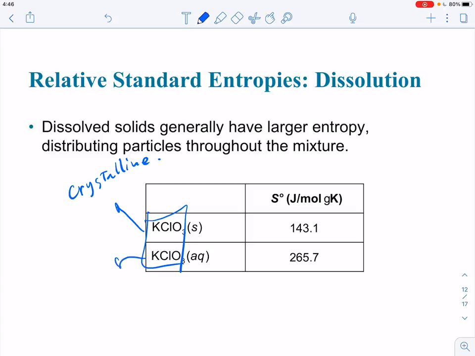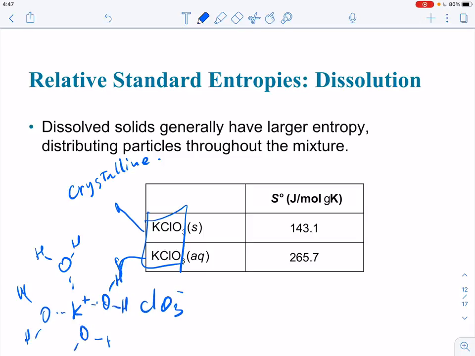But when they are dissolved, they are solvated. That means you have potassium on one side and chloride on the other side, and water is going to be surrounding each one of those ions.